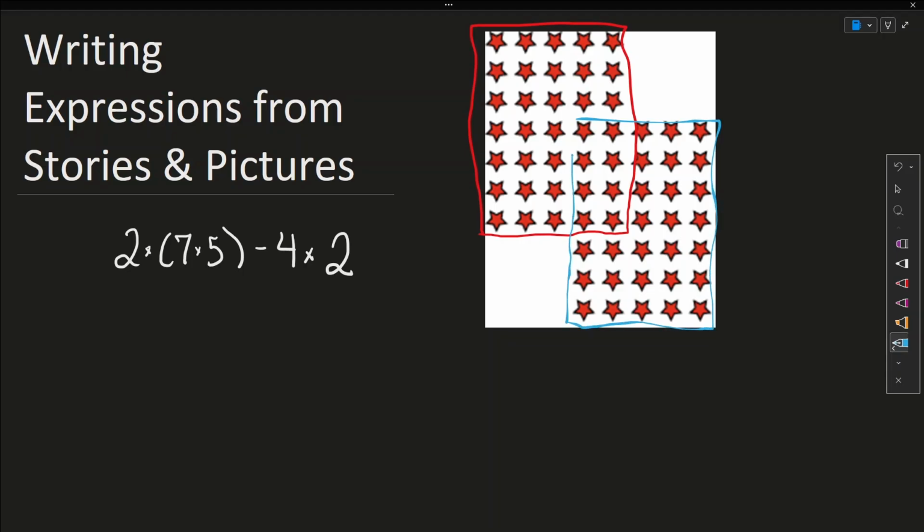However, in this case, we have double counted a big group of stars right here in the middle. These here. That is a 4 by 2 rectangle that we now need to remove so that we only count it once. The structure tells a story: 2 large groups minus these smaller groups.